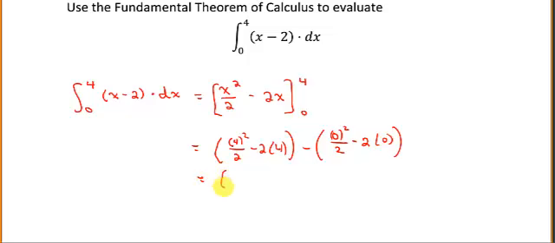And of course, 4 times 4 is 16, divided by 2 is 8, minus 2 times 4 is 8. So 8 minus 8 minus, this is going to be 0 squared is 0, divided by 2 is 0, minus 2 times 0 is 0. So this would be 0 minus 0. The value of this definite integral will be 0.